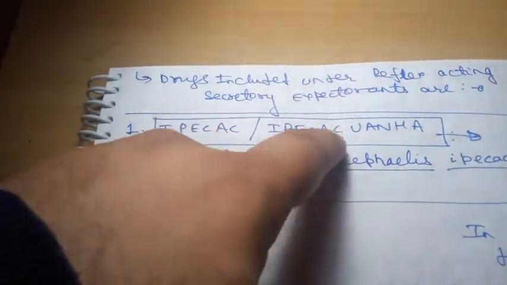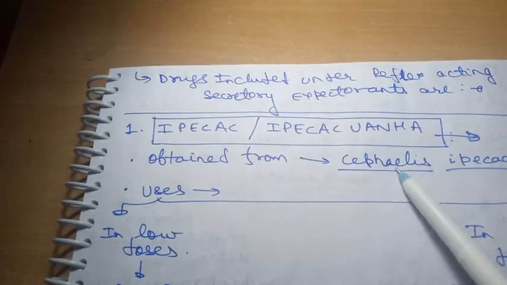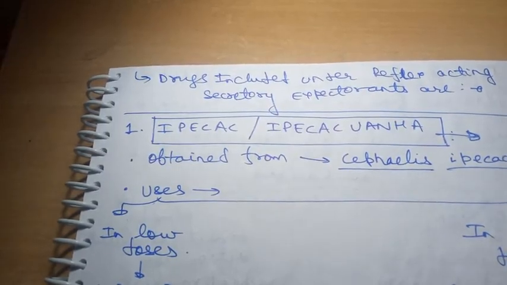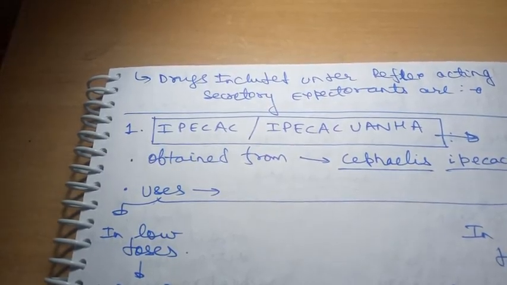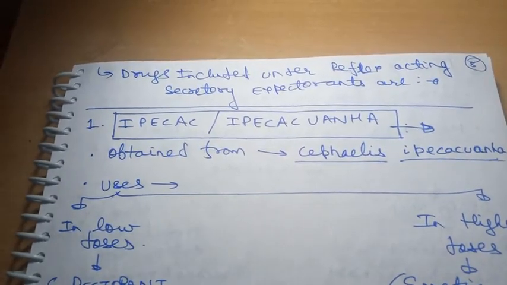First is ipecac or ipecacuanha. Ipecac, also called ipecacuanha, is obtained from the plant Psychotria ipecacuanha. Now the uses. We have read the definition of reflex acting stimulant expectorants, that they function as expectorants at lower doses.